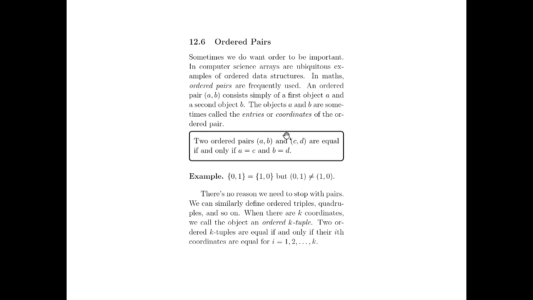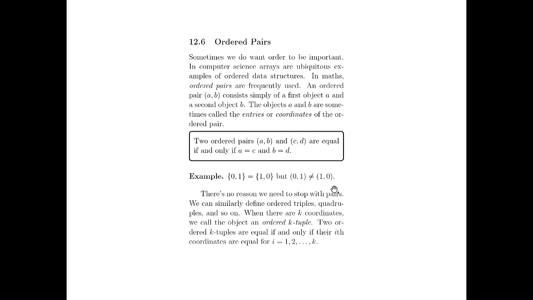Ordered pairs are equal exactly if their first coordinates are the same and their second coordinates are the same, right? So obviously as sets, the set containing 0 and 1 is the same as the set containing 1 and 0, but as ordered pairs, (0, 1) is definitely not equal to (1, 0), right?